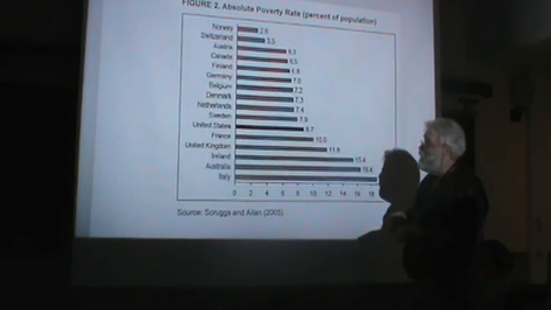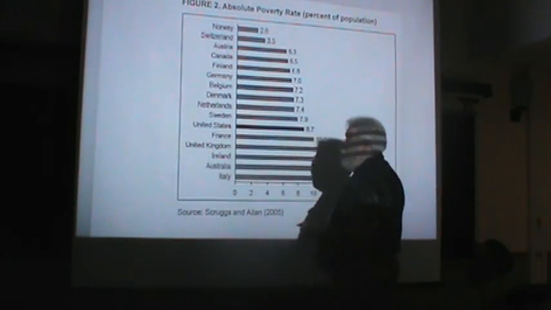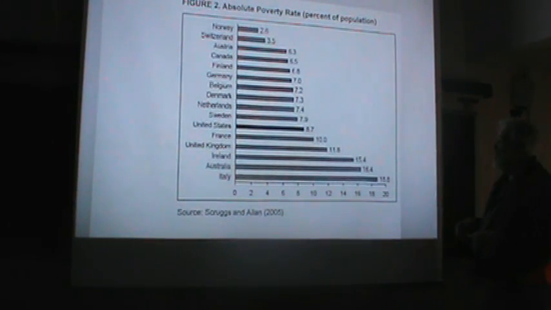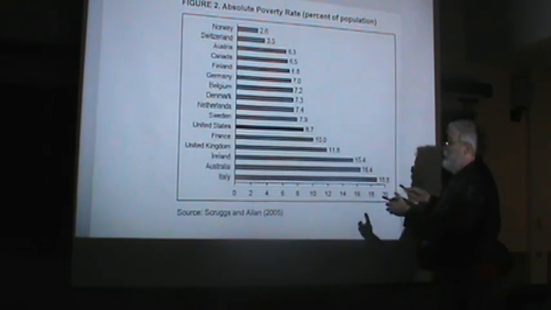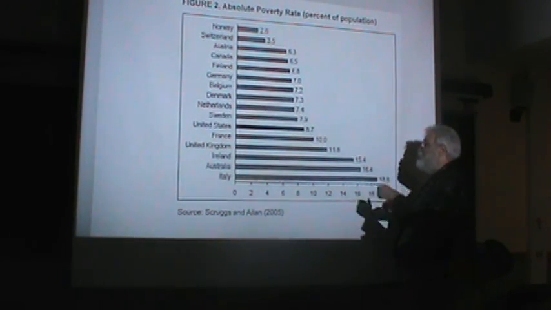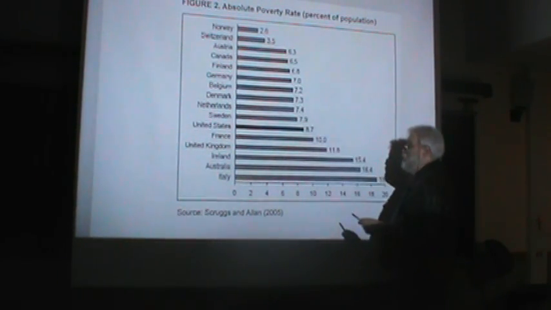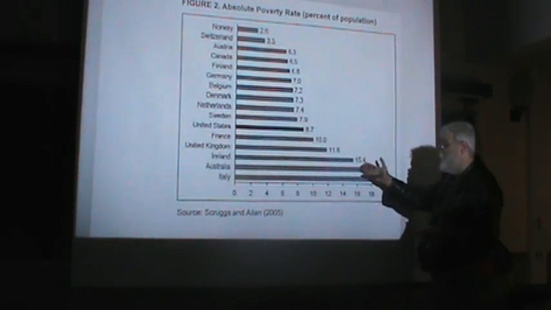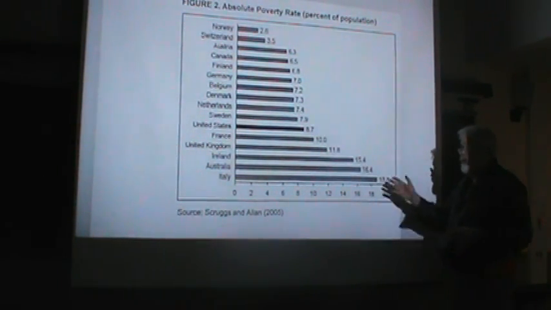Now, granted, many industrialized countries have lower poverty rates in absolute terms than the United States. Nevertheless, if you look at the average income of the poorest people in absolute terms, the United States appears to be doing better than countries like France, the United Kingdom, Australia, and a whole lot better than Italy.